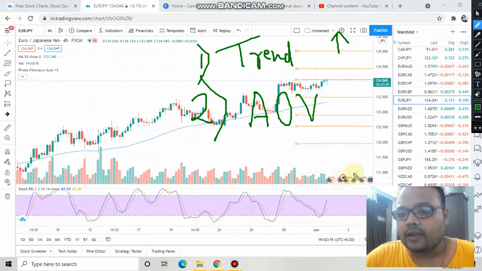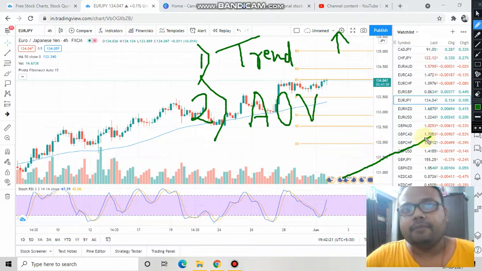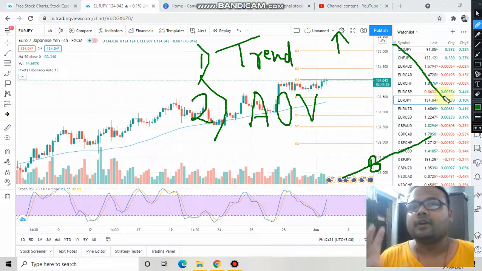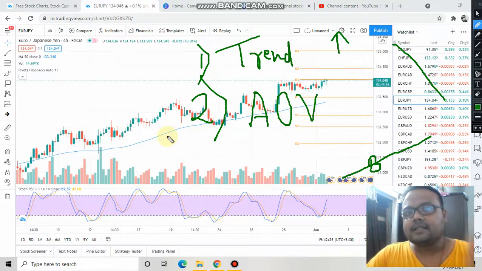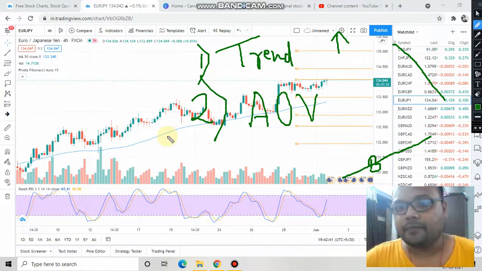If a market is going up, then the best trading opportunity is to buy near the support, is it not? Likewise, if the market is coming down, the best spot to short is near the resistance. Our market is in an uptrend, therefore we need to buy near the support. That's it, simple as that.